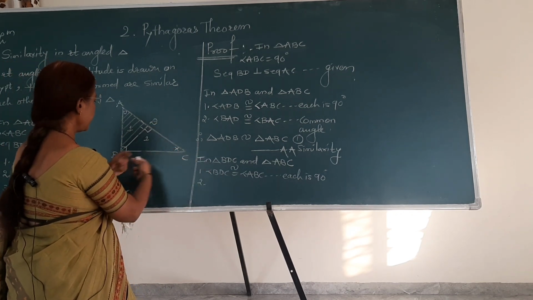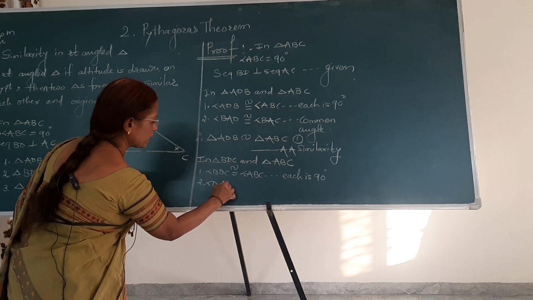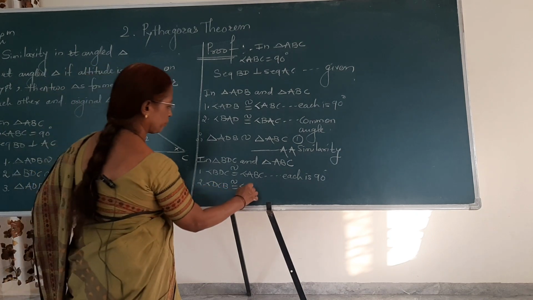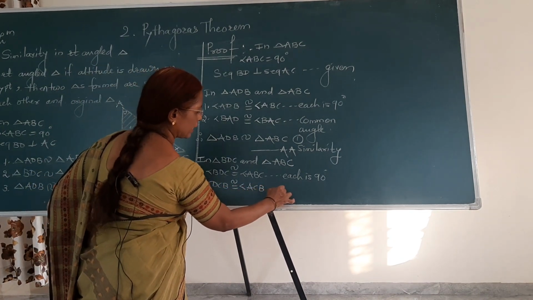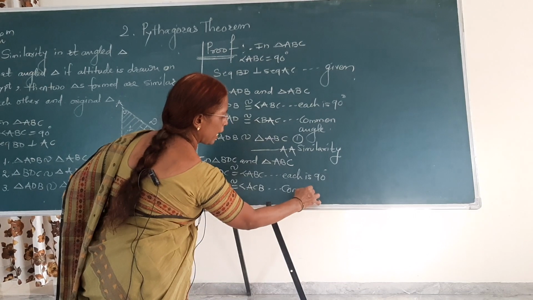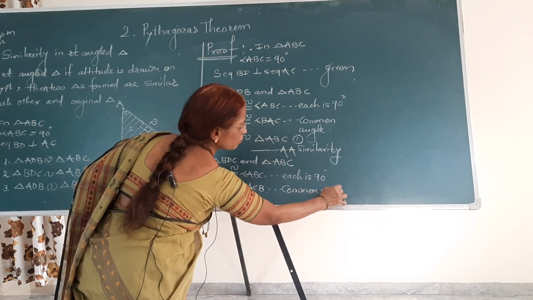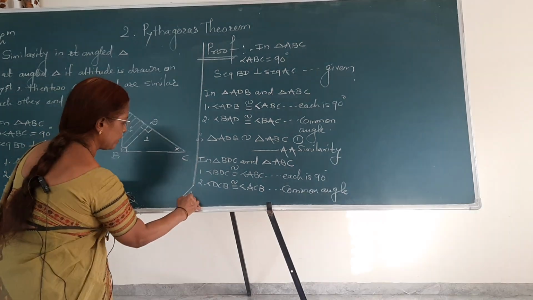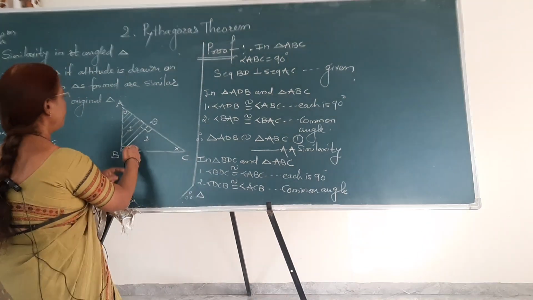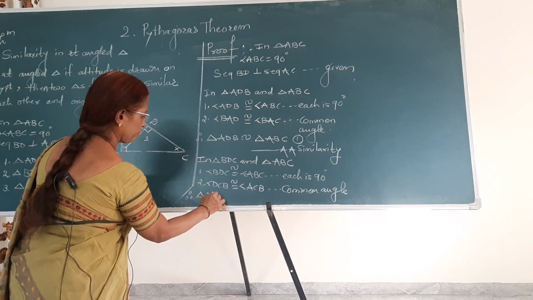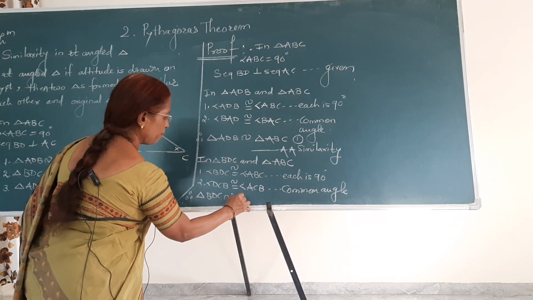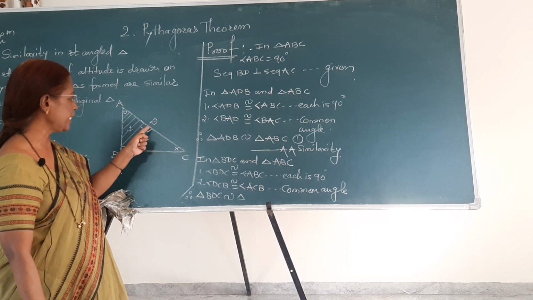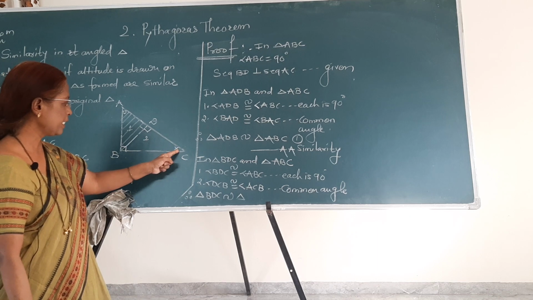We'll write as angle DCB is congruent to angle ACB, and the support is common angle, and therefore we can write triangle BDC is similar to, again sequence is very important, BDC, D is 90 degree and C is the common angle.